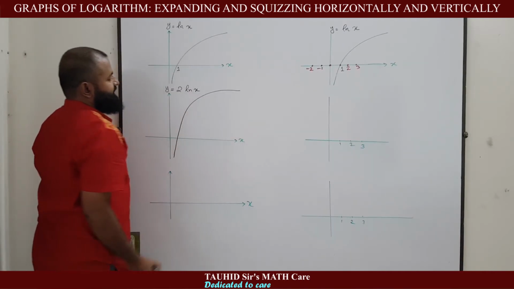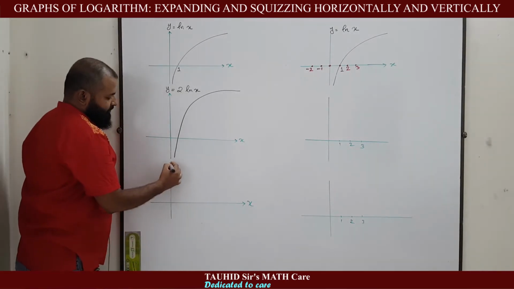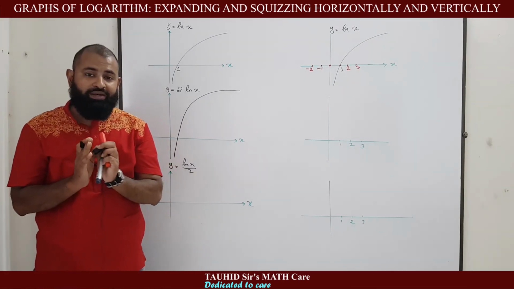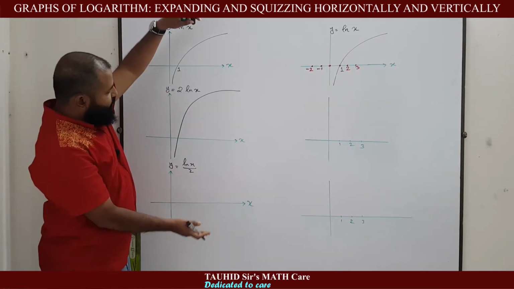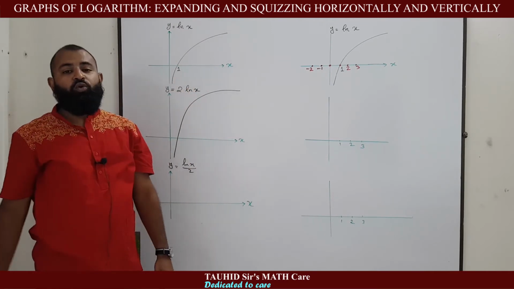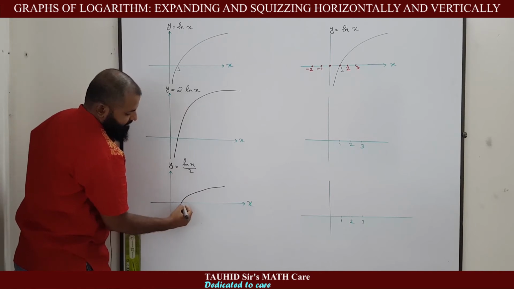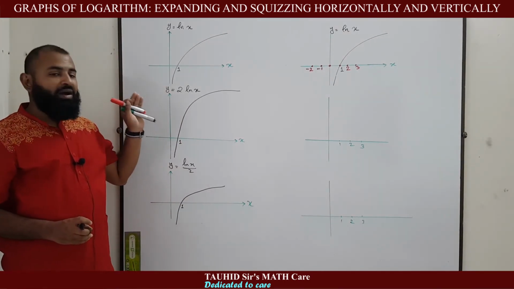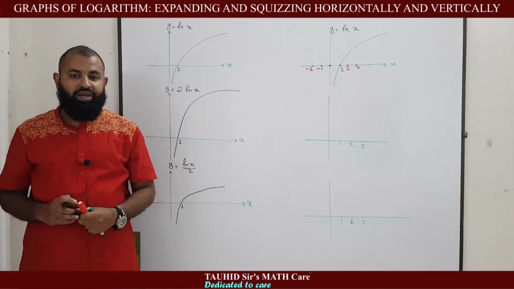This will spread in the y-axis. If we write ln x divided by 2, when we divide the whole function by any constant, the function will squeeze along the y-axis. This will look like this. This is the impact of something being multiplied or divided with the whole function.